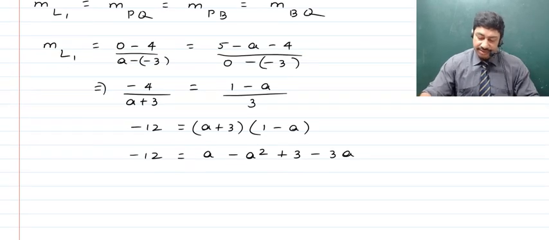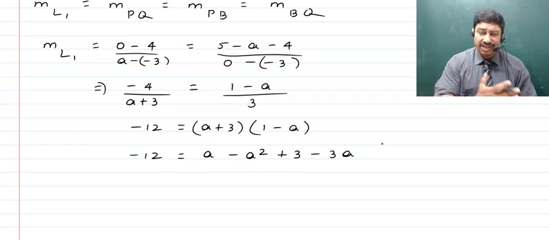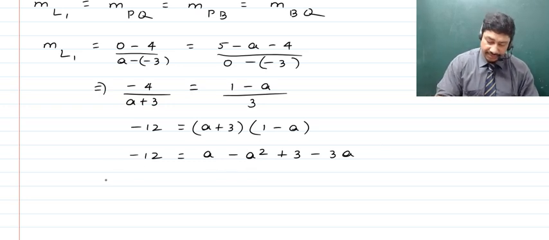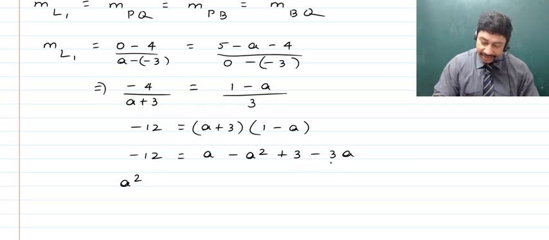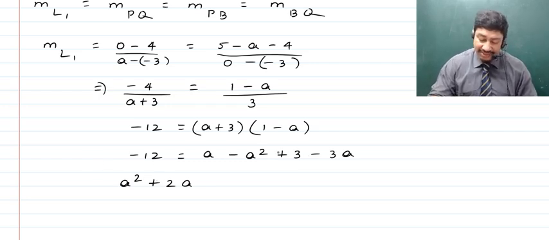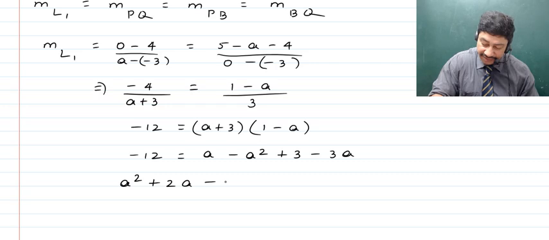So for the children here, we can take the terms which are with the variables on the left hand side so as to make the term which is quadratic positive. So as such, here we have now a square, and then here the linear terms are a minus 3a, which will make it minus 2a. Taking it to the other side, it will become plus 2a. Then we have minus 12 on the left hand side, and when we take this plus 3 to the other side, it will become minus 15 is equal to 0.